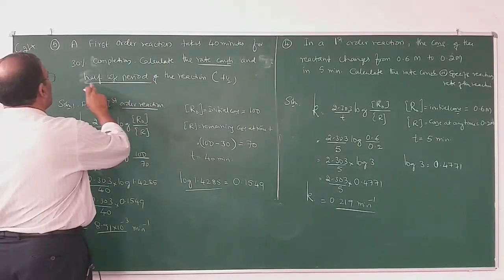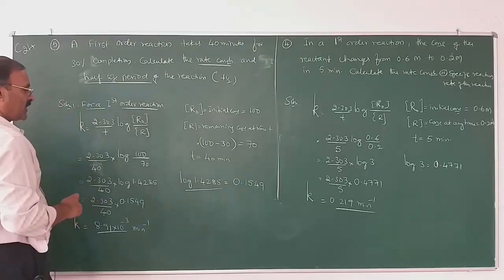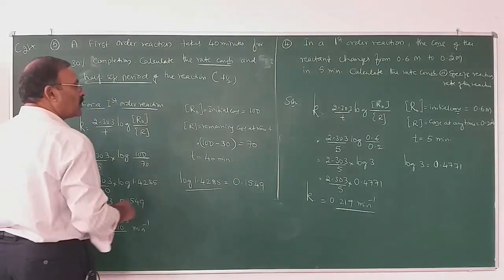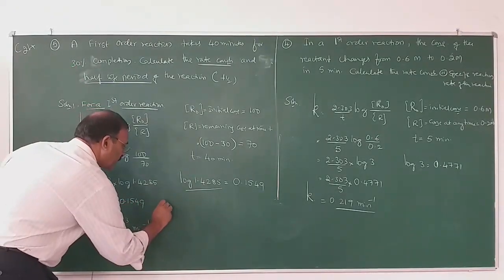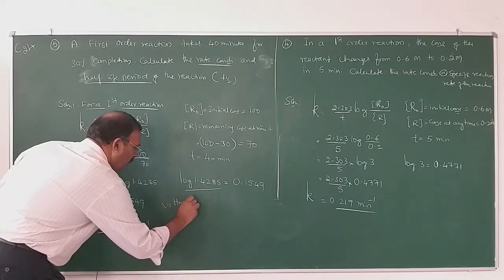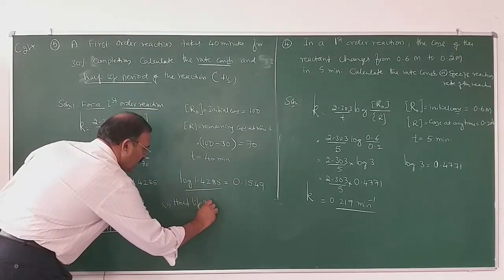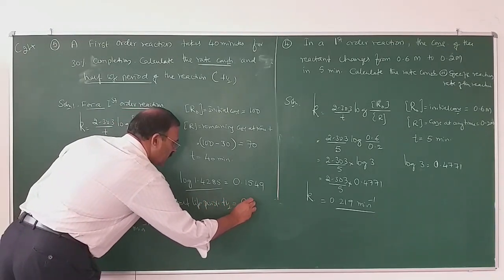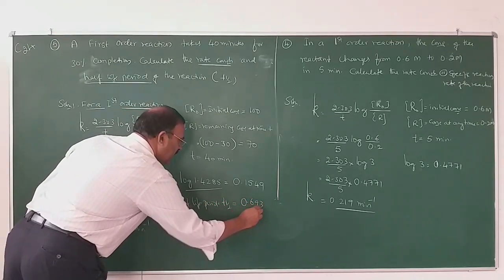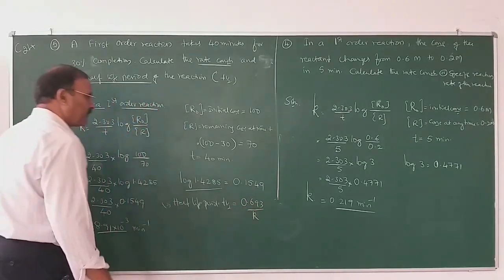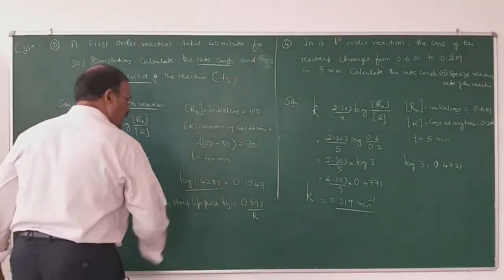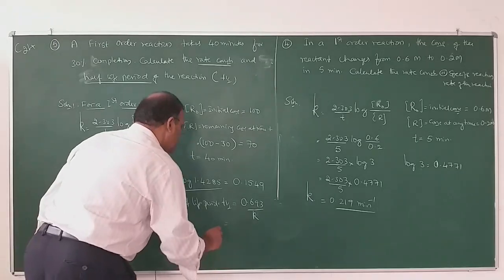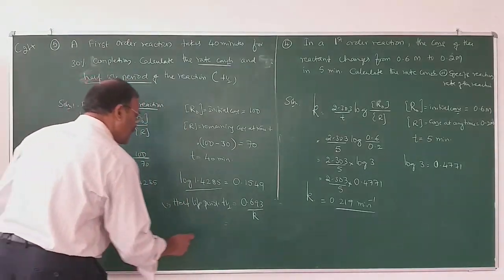Then you have to determine the half-life period of the reaction. So what is half-life period? Half-life period t half equals 0.693 divided by K. What is the value of K? K is here.